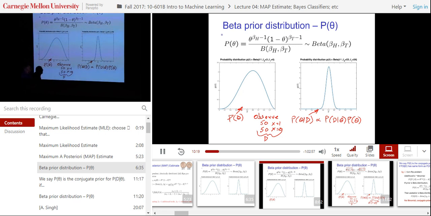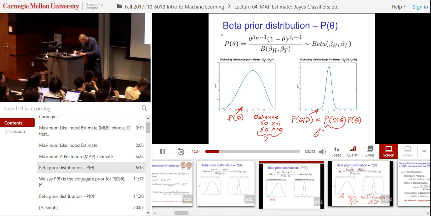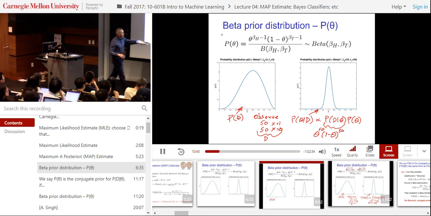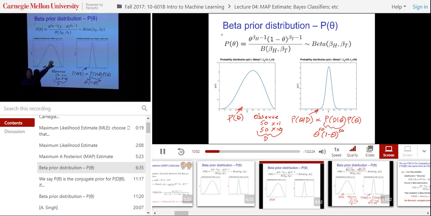And what's wonderful about this, remember, is that this term here was just theta to the 50 times 1 minus theta to the 50. That was the probability of this observed data given theta. And the probability of theta, of course, is just this, the prior probability.